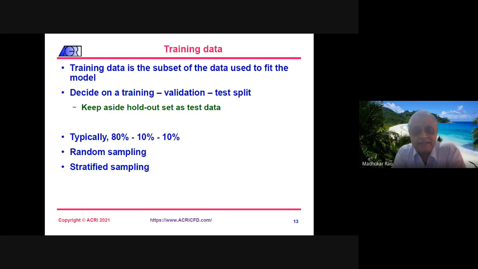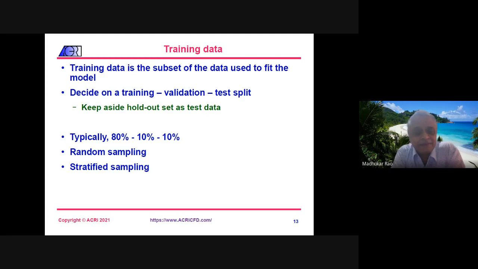Specifically when it comes to test data, you hold out a certain percentage of your examples as test data, and don't even look at it until all your models are ready for testing. Your model should never be seeing any test data until it's almost ready. The next stage after testing is deployment.